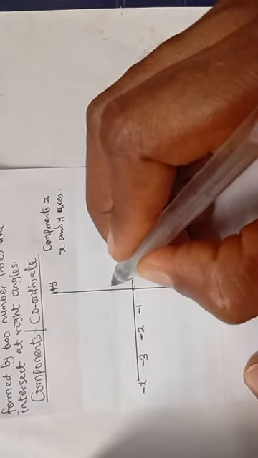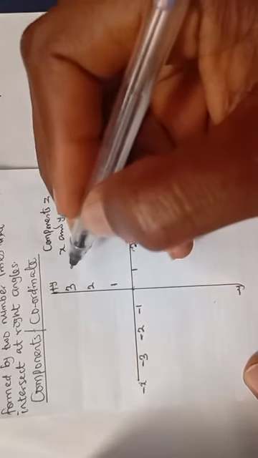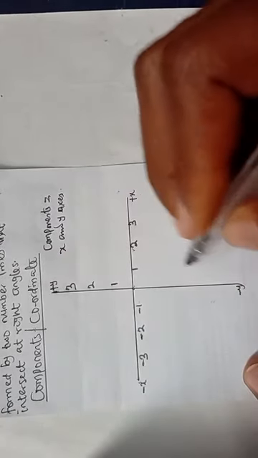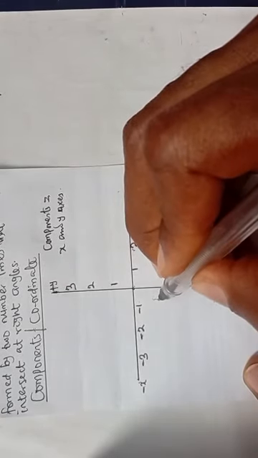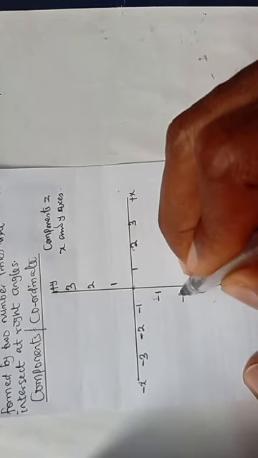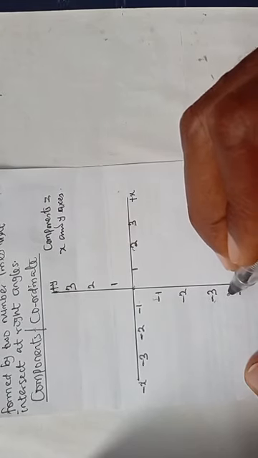I can have my 1, my 2, then 3. Anything down the y-axis from here is negative. I can have minus 1, then minus 2, then minus 3. So this is what we call the components of a Cartesian plane, which are the x and y axis.